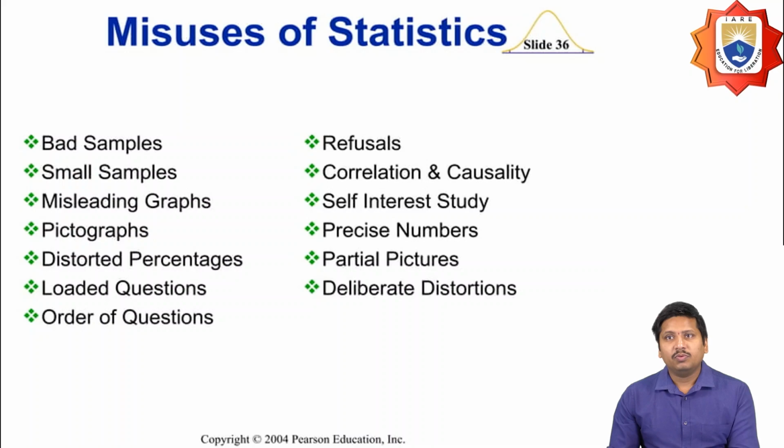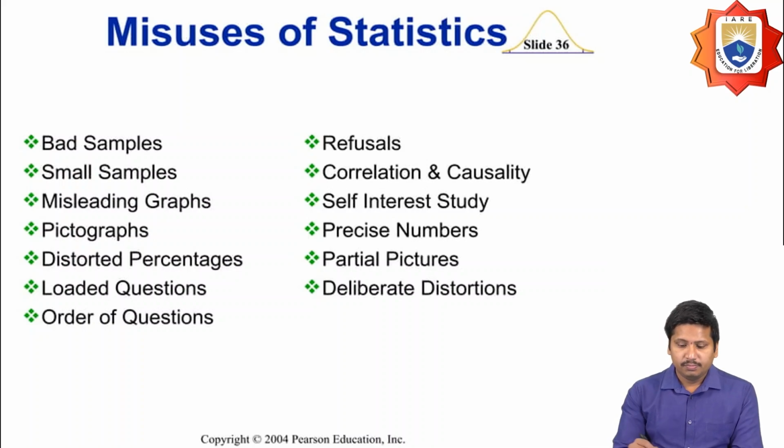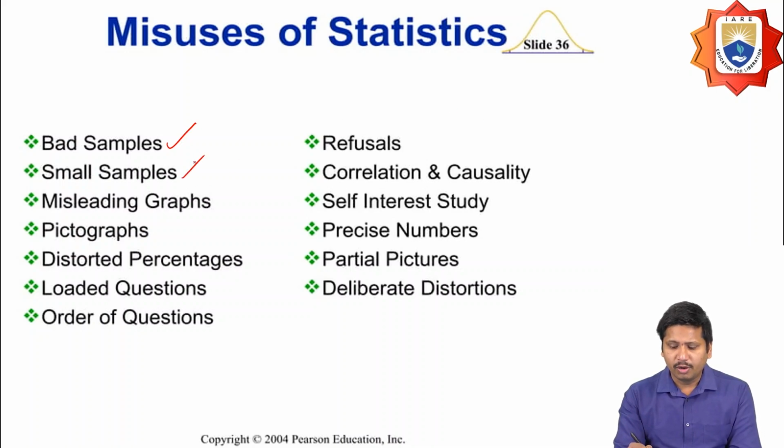And next, what are some of the misuses that happen in statistics? For this, first, bad samples. If I collect bad samples, the data I get through statistics will be entirely wrong. Next is small samples.